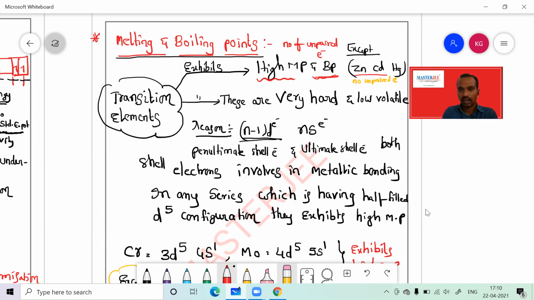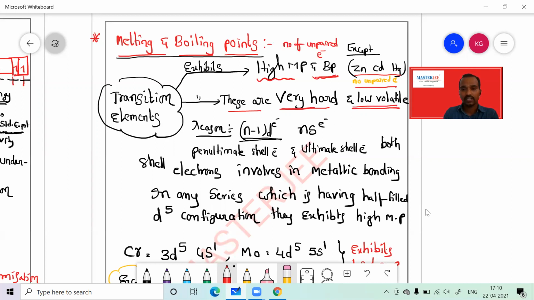In the case of zinc, cadmium and mercury, because there are no unpaired electrons, there are no strong interatomic forces. If there are no attraction forces between them, it is easy to break, so they exhibit low melting and boiling points. Next, transition elements are very hard and low volatile. What is the reason?